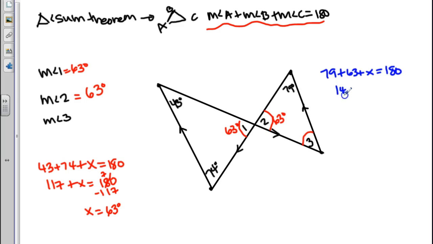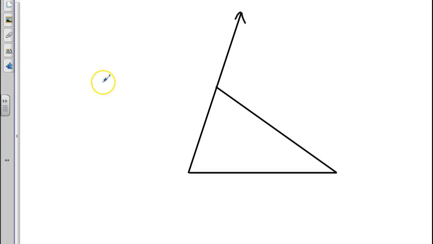So kind of the same thing we were doing just a minute ago, 142 plus x equals 180. Let's go ahead and solve that for x. And so that will be 38 degrees. So the measure of angle 3 is 38 degrees. Triangle angle sum theorem right there at its best.